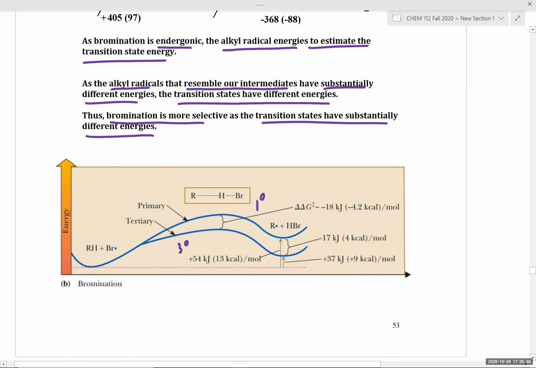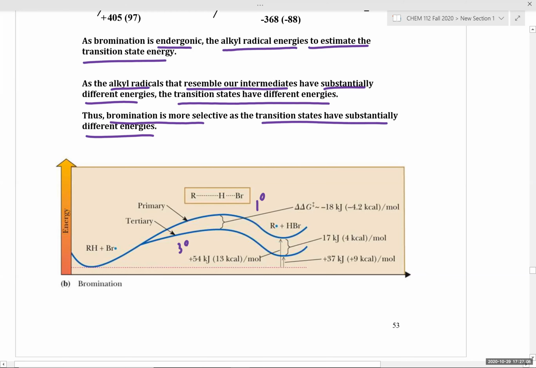So this in turn explains why, even though bromination and chlorination are both going through radical mechanisms, whether the reaction is exergonic or endergonic has a huge effect in how we interpret and analyze the reaction and how we model our transition states.